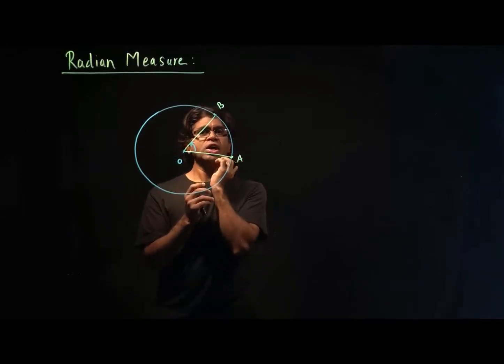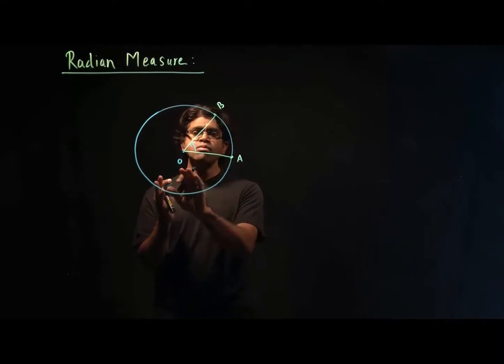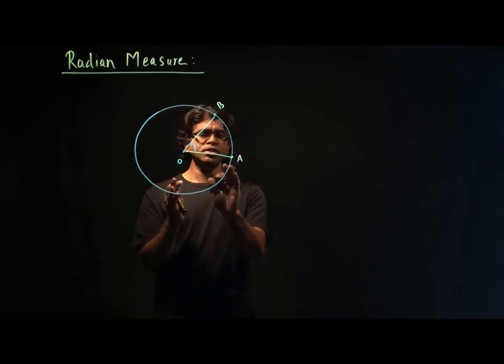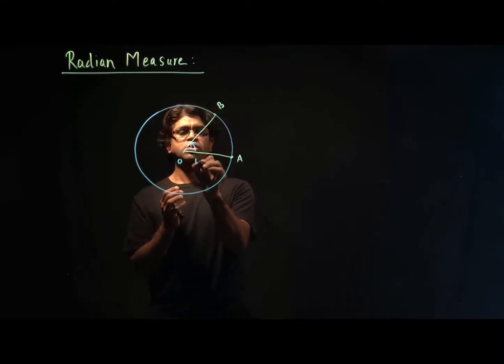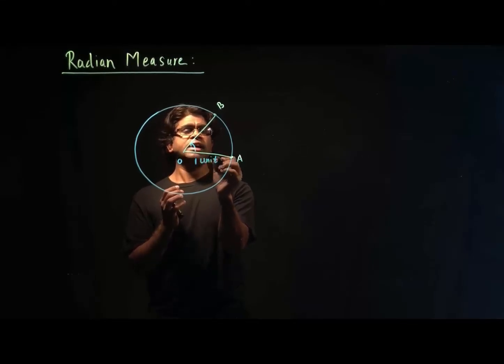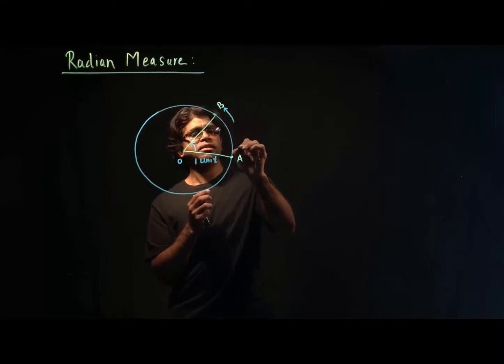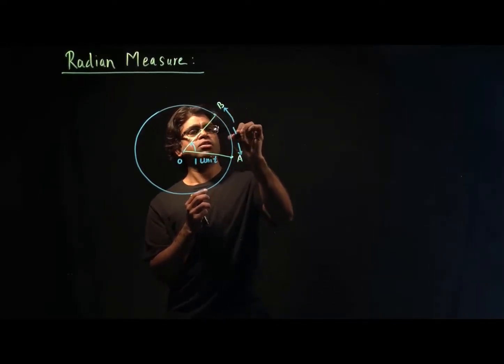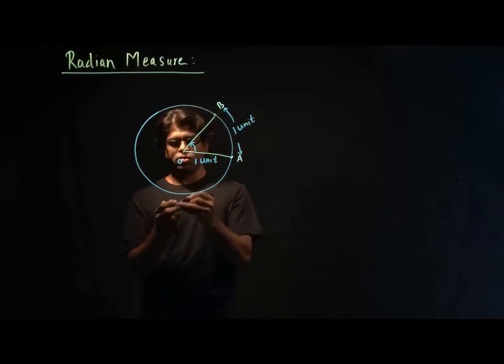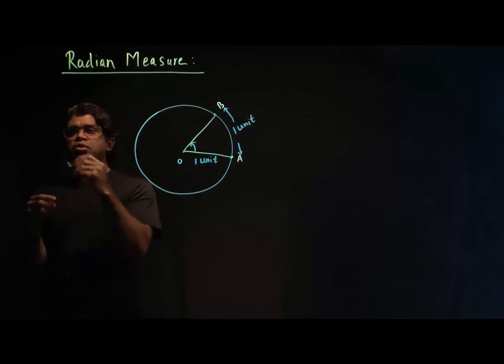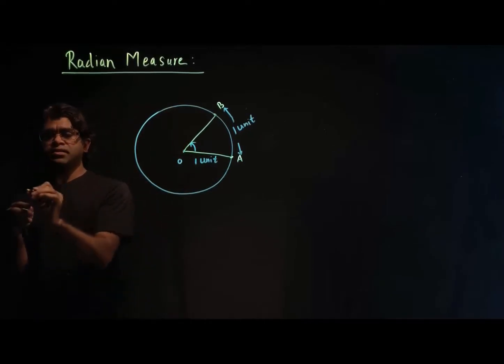In order to do that, I'm going to consider the radius of this circle as 1 unit, and let the arc length, which is AB, also be 1 unit. So I'm going to write my radius.